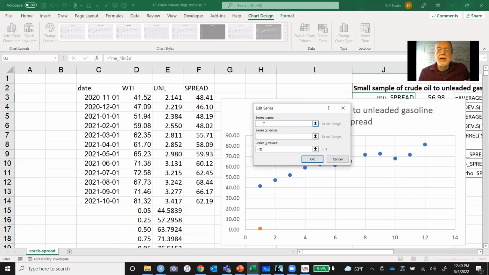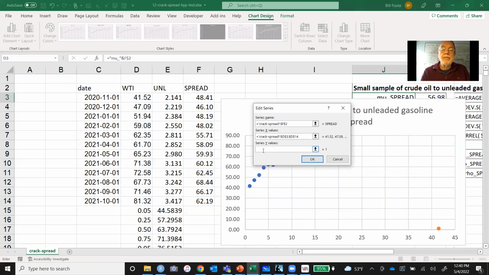Take the series name, and I'll just take it as spread for the moment, with x-axis values, WTI. The y-axis values. Notice how I got rid of that one there. Spread.